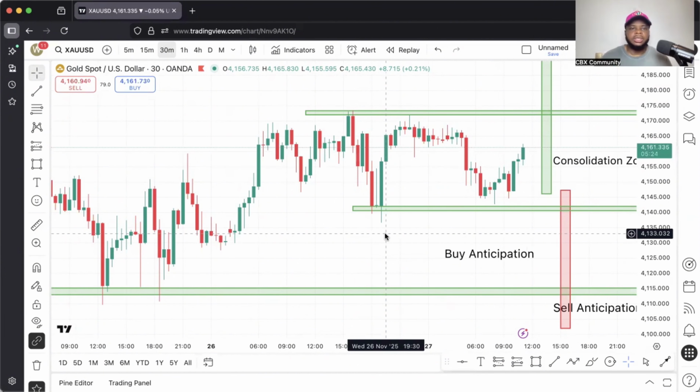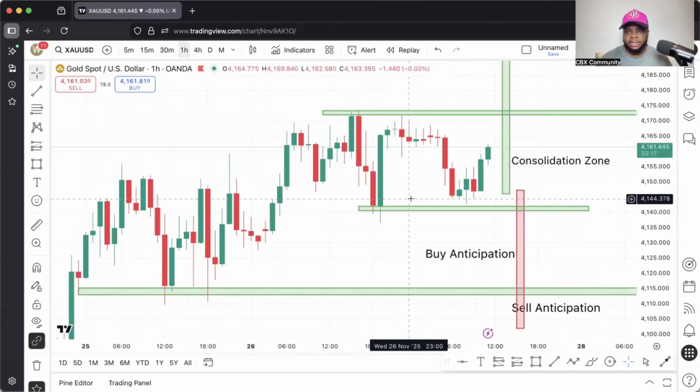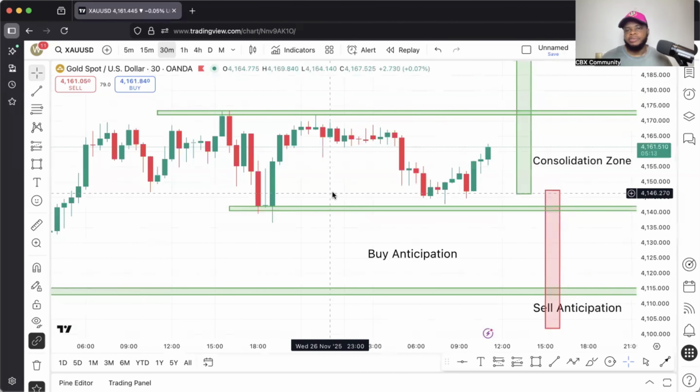Let's say we are able to identify the 1 hour support and resistance, and then we go to the 30 minutes time frame. You see that both of them are almost the same thing. So I love to identify my zone using the H1 and the 30 minutes time frame.